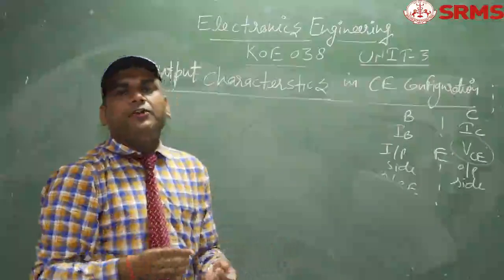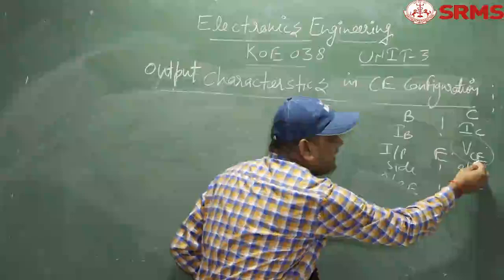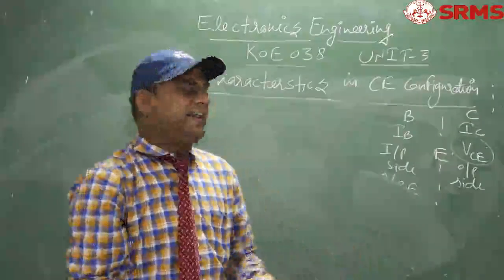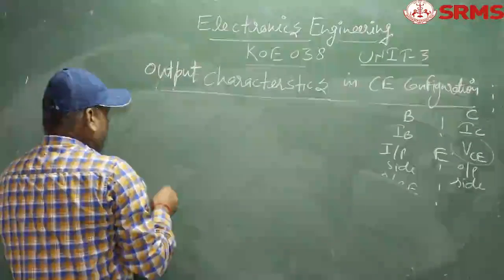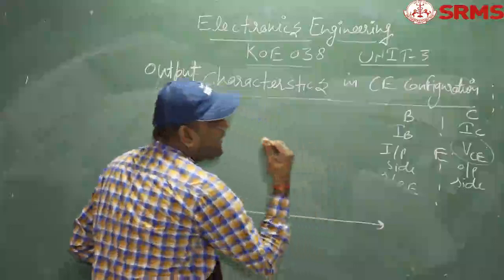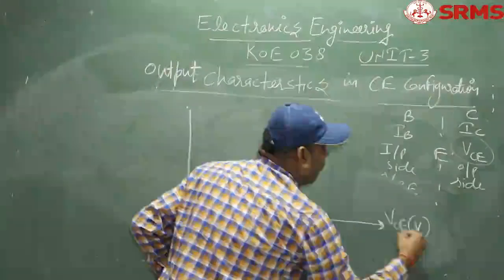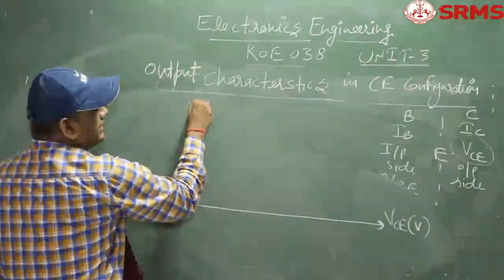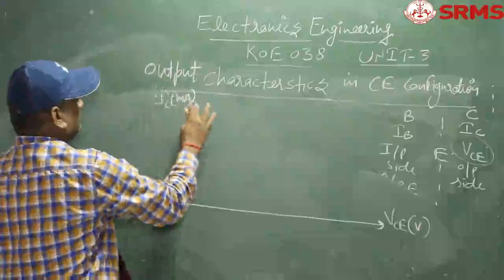That means we want to draw the characteristic between IC and VCE for the given value of input current, and the input current is IB. So on the x-axis we have the output voltage, VCE in volt, and on the y-axis we have IC in milliampere.